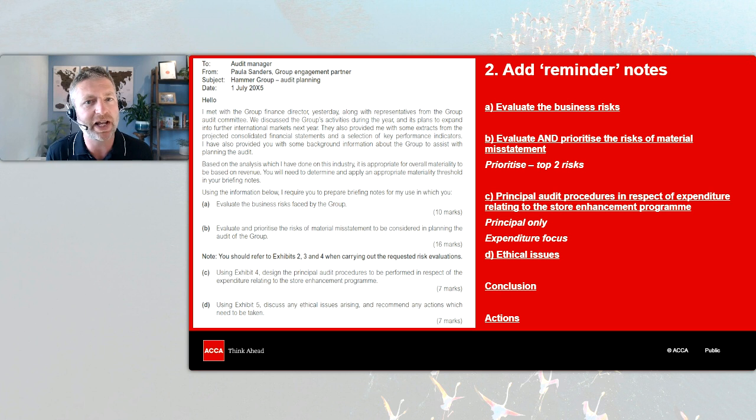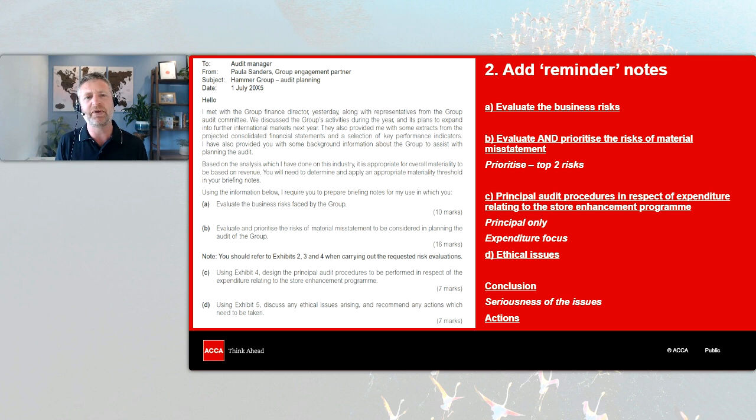If you don't explain how it gives evidence over expenditure, you'll only get half a mark for your procedure. So it's a really good tip that in the procedures question, you make sure you bring back each point to exactly what it's asking.